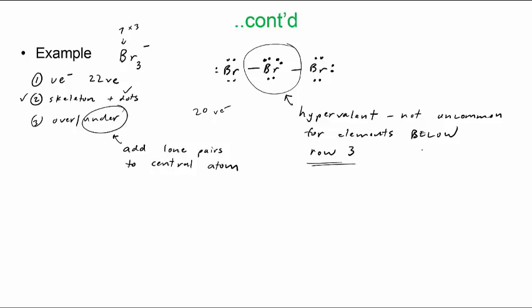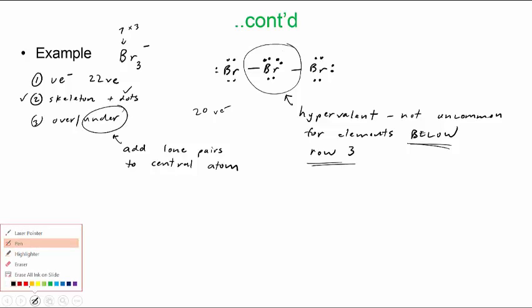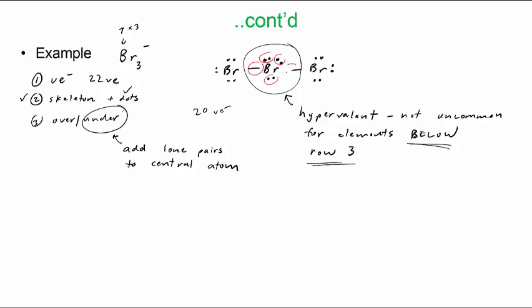Why is this so special, being below row 3? What typically happens is you get crowding of electrons. If you try to go past an octet, there's just too many electrons around the atom. And all these electrons are negative, so you have negative, negative, all these negative electrons everywhere. So there's just too much repulsion, and it might be unstable.